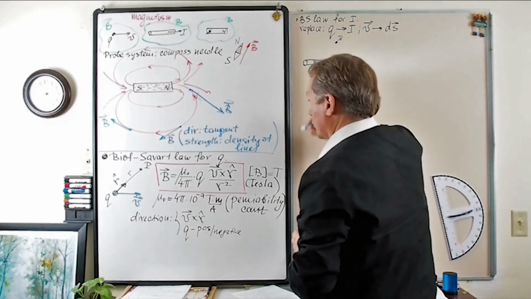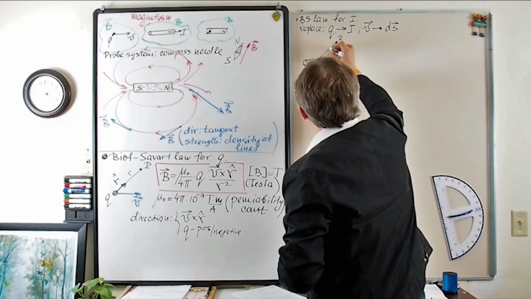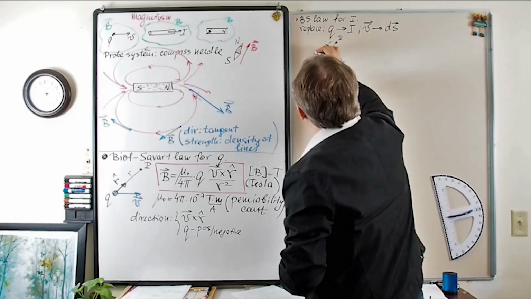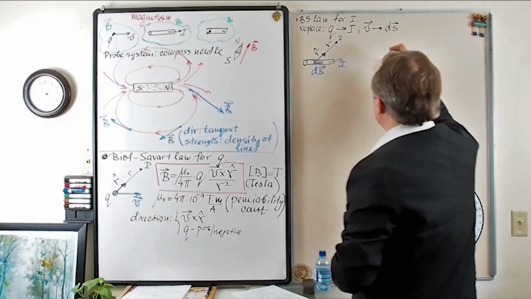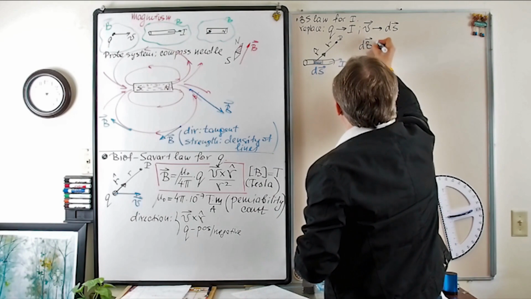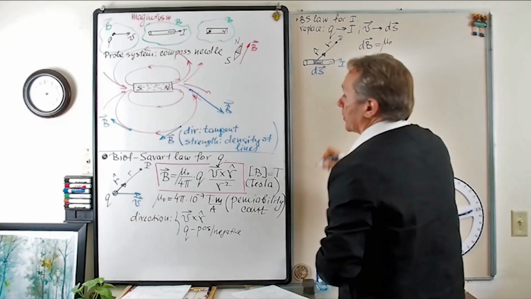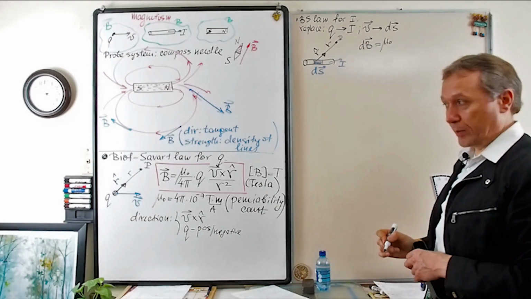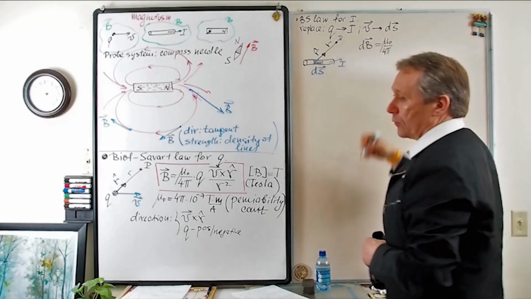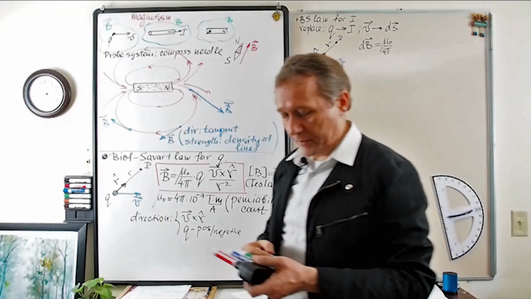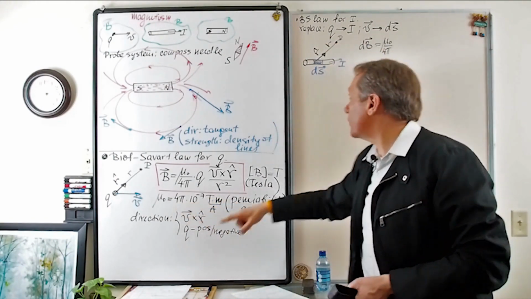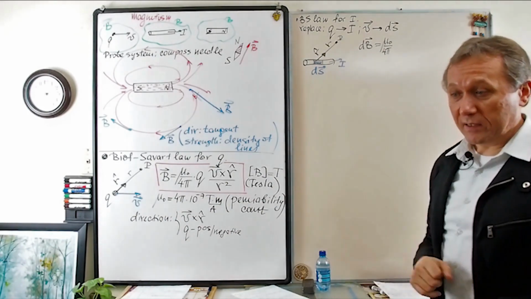Now let me draw again: this is r, this is unit vector r hat, and now I'm ready to rewrite the Biot-Savart law for a current. dB equals the same constant mu naught, the permeability constant, divided by 4 pi. 4 pi was introduced just for convenience, so that this 4 pi and this 4 pi can be easily cancelled.